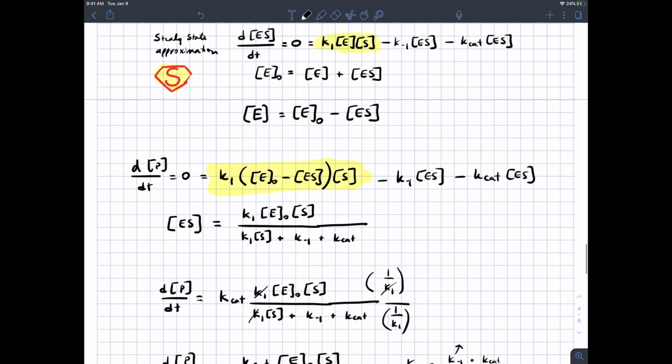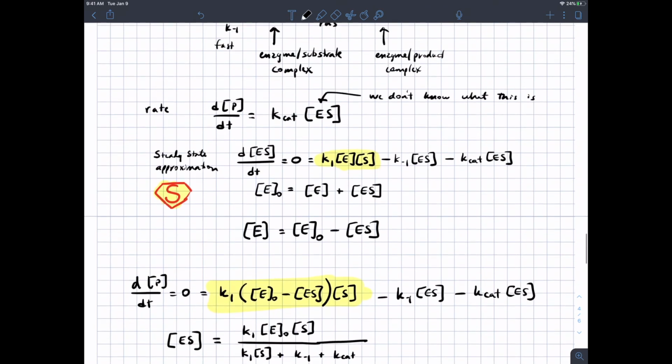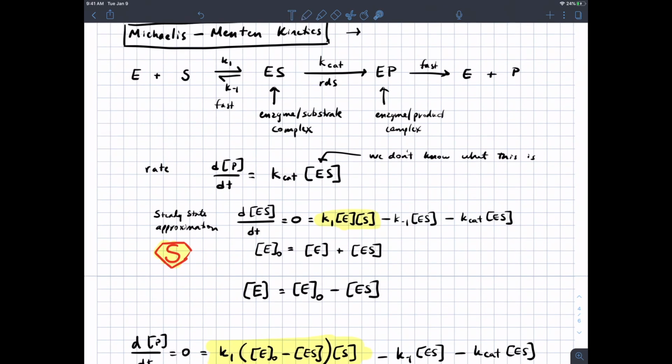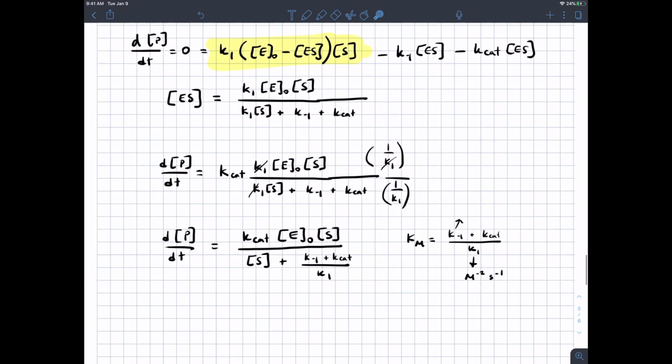K minus 1 is a unimolecular rate constant because it involves the enzyme substrate complex dissociating. So that should have units of per second.